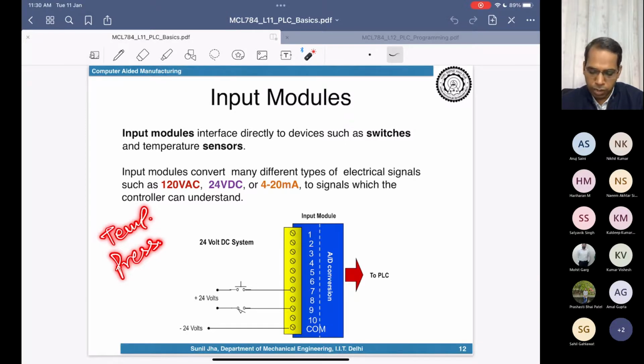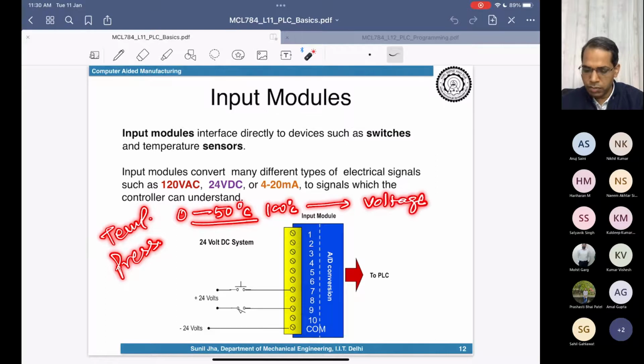For example, if I want to read from 0 to 50 degrees centigrade or 100 degrees centigrade, the temperature sensor will be producing a proportional voltage signal. There is a voltage signal coming out of this sensor in response to the physical parameter it is sensing.